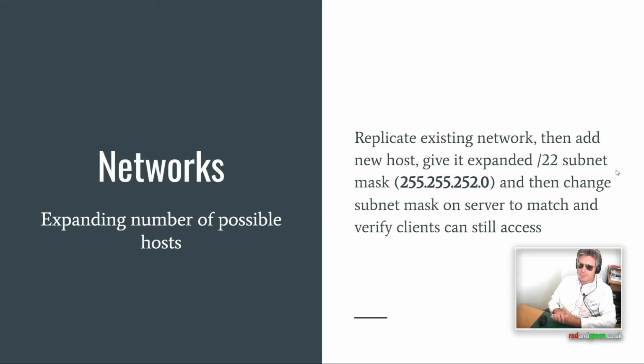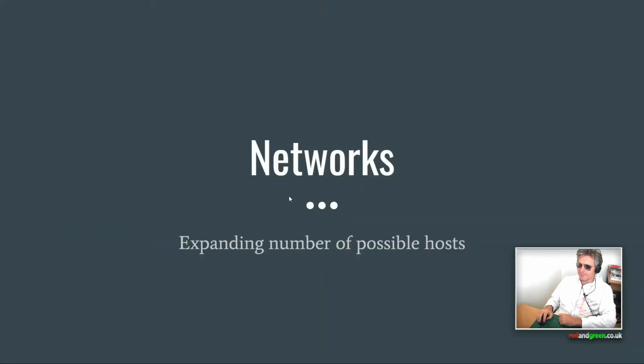So what we're going to do is replicate the current network, and then modify the school subnet mask from /24, which gives 254 clients. We're going to change it to a /22 subnet, which potentially could give 1022 clients. So without further ado, let's have a look.